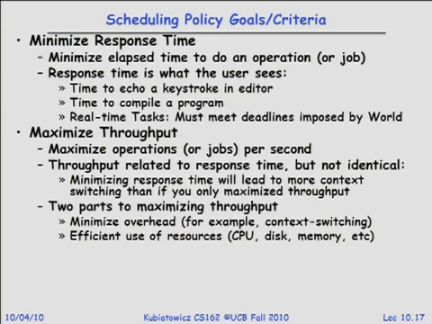We have to minimize overheads, and that means basically not switching a lot, because remember, switching is an overhead. We want to make sure that we don't overuse the CPU or the disk. We're not swapping all the time. These are all about throughput, not about response time. And in fact, what you find is maximizing throughput and minimizing response time are often kind of going against each other. Can anybody tell me why that might be true?